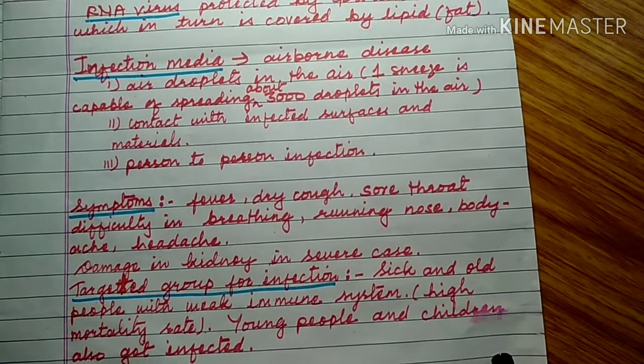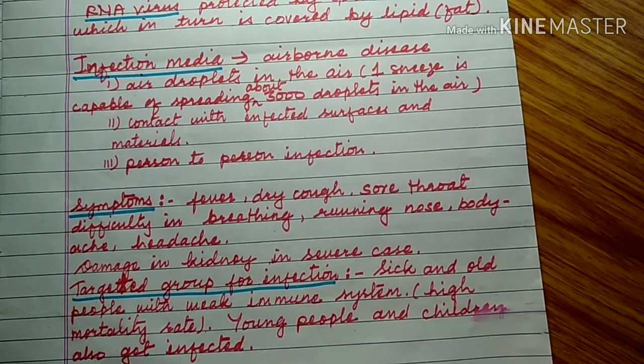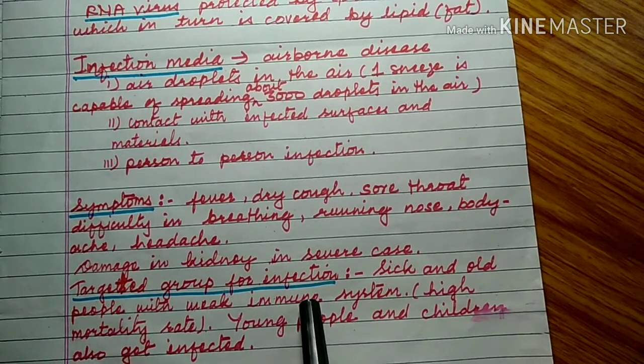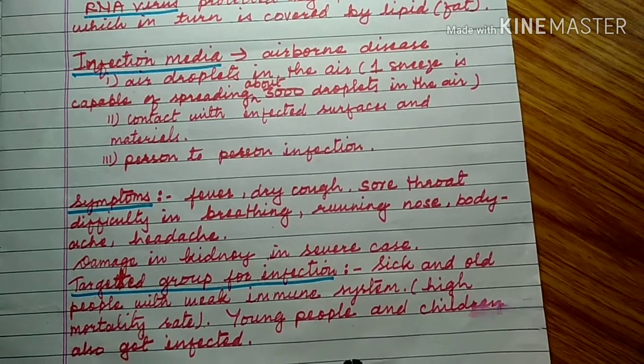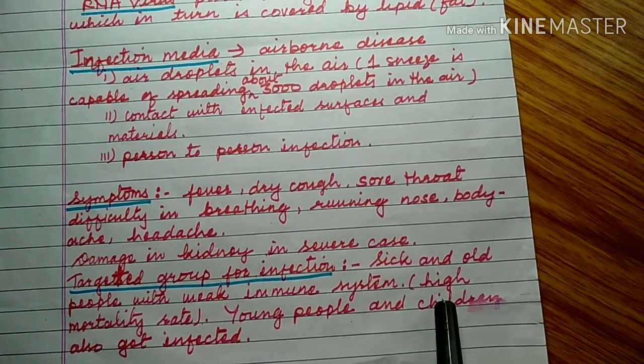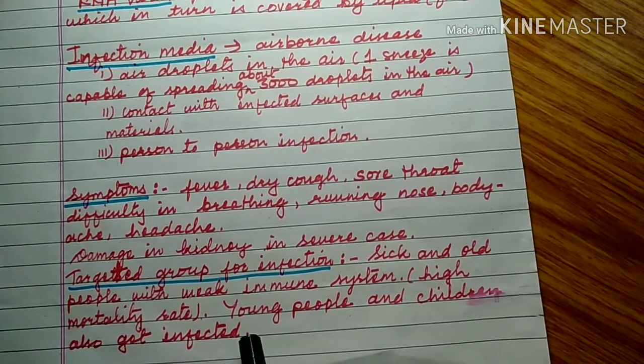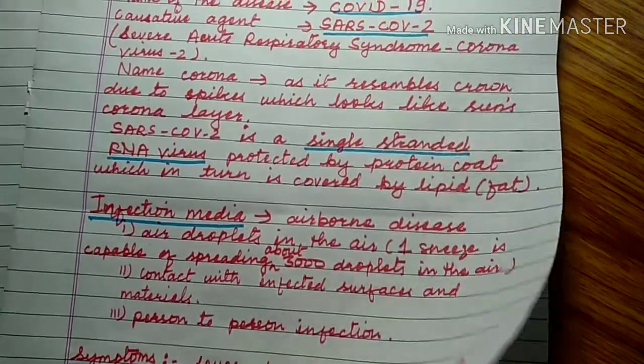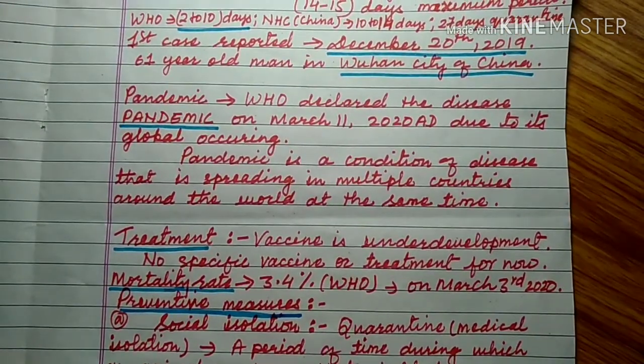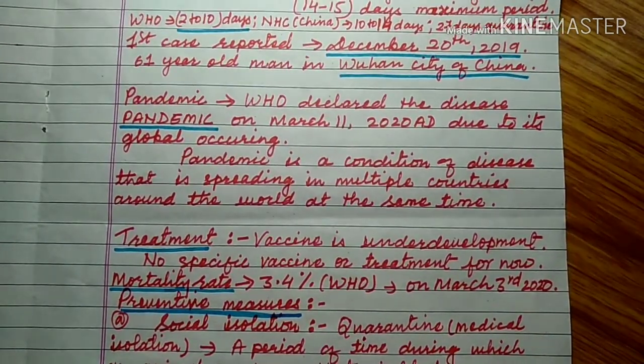Damage in kidney in severe cases. Targeted group for infection: sick and old people with weak immune system. High mortality rate is seen in sick and old people with weak immune system. Young people and children also get infected, so infection occurs in all age groups.